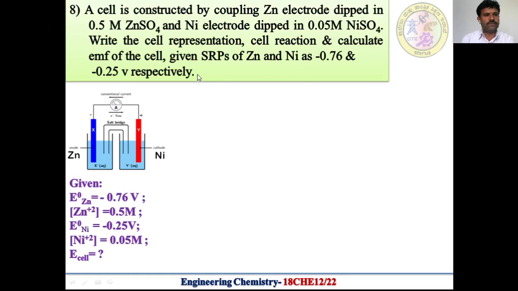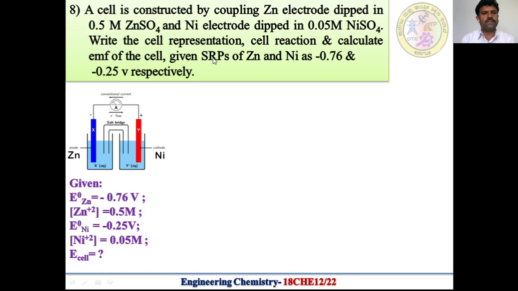Problem number 8. A cell is constructed by coupling a zinc electrode dipped in 0.5 molar zinc sulfate and a nickel electrode dipped in 0.05 molar nickel sulfate. Write the cell representation, cell reaction, and calculate the EMF of the cell.